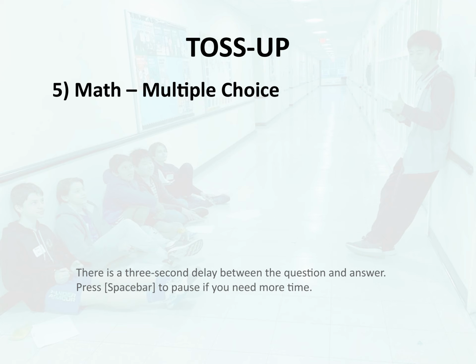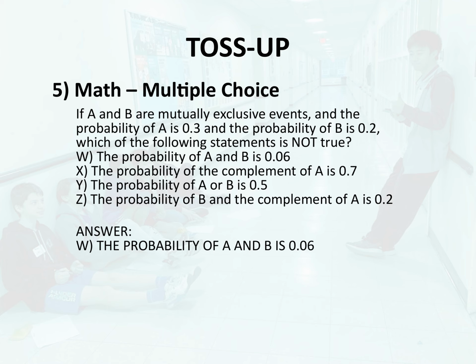X. The probability of the complement of A is 0.7. Y. The probability of A or B is 0.5. Z. The probability of B and the complement of A is 0.2. Answer. W. The probability of A and B is 0.06.